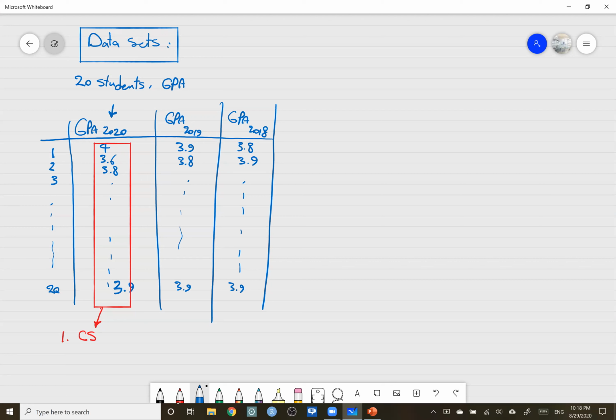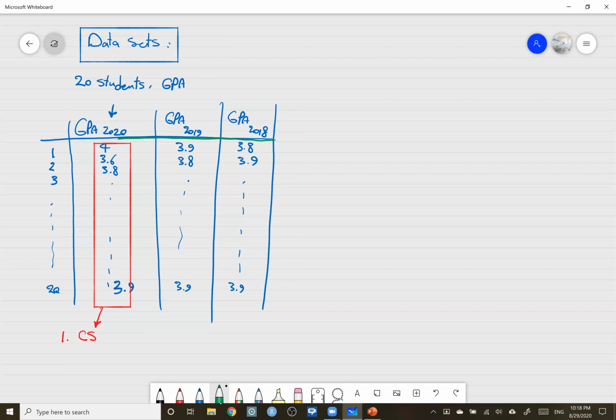Look at that. The second type of data is time series. Time series is when you're looking at observations for one individual, one country, one firm, you name it, over time. Here in this example, we have one individual, one student, over time. Let me use green.